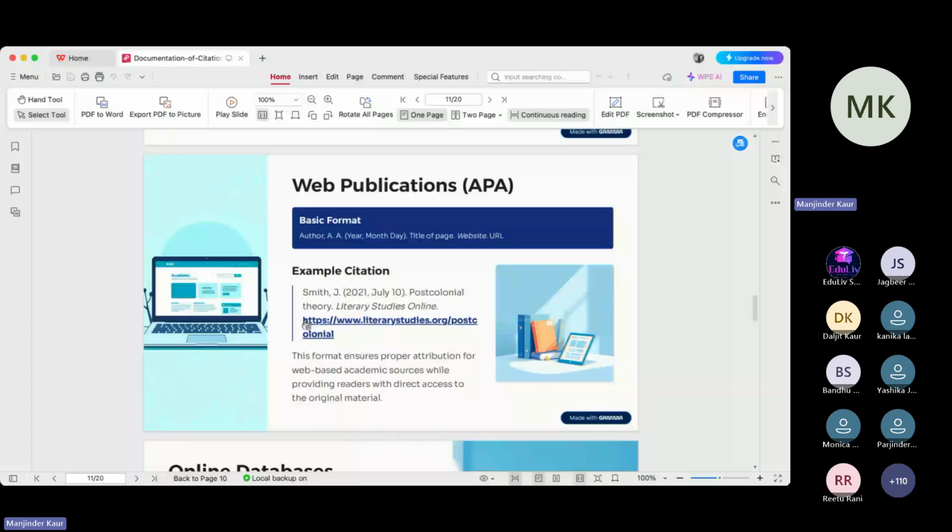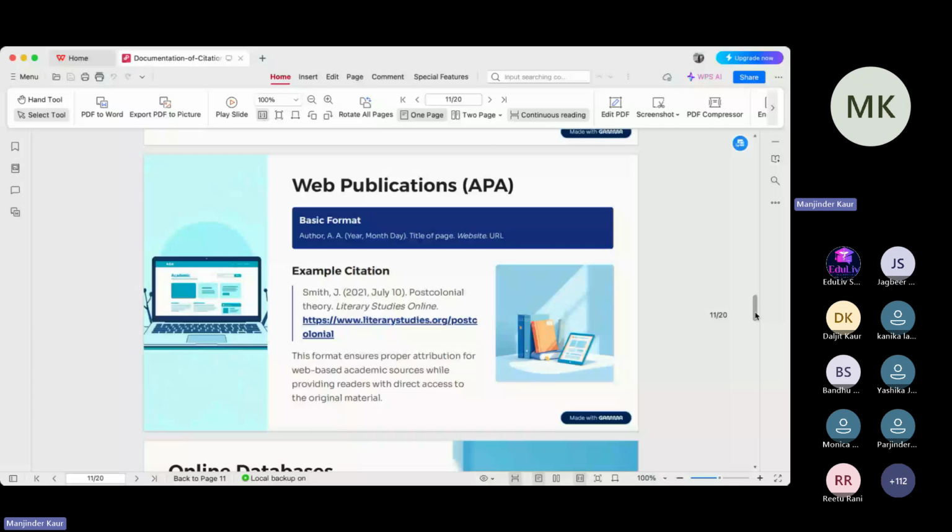This format ensures proper attribution for web-based academic sources, providing the readers with direct access. The reader can copy this web page and reach to the entire article, whereas one research paper might have taken a brief excerpt from that article.